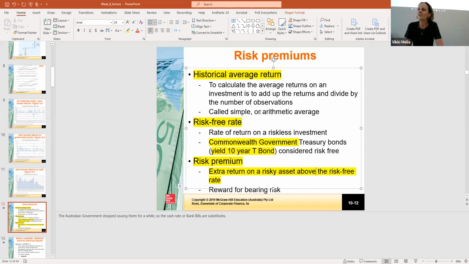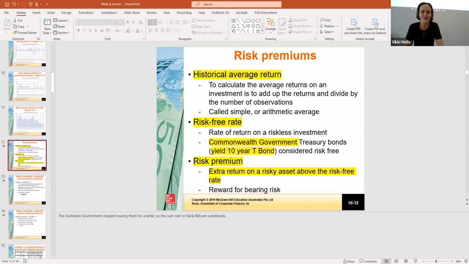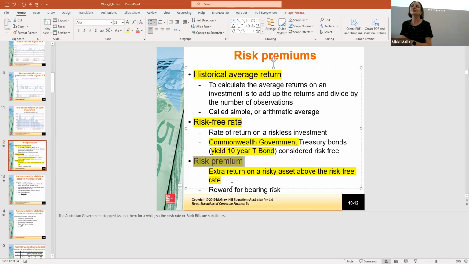So it sounds like a lot of terminology, but these will come up as we start working through the topic. Before we start doing calculations around risk premium, we actually need to have a look at measuring risk and return. And we actually use a statistical method to measure risk in finance. To measure risk, we calculate something called standard deviation.